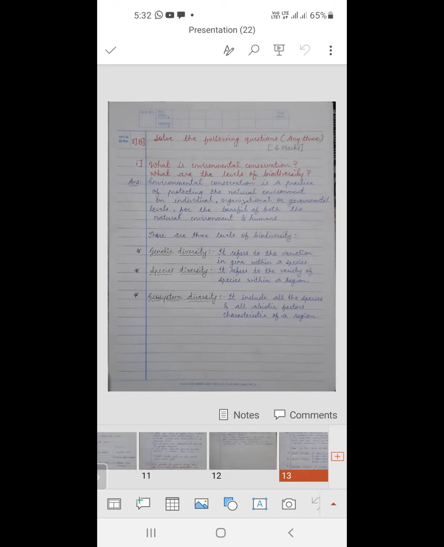First, remember that whenever you get a question paper, first you read the whole question paper and then decide which question you will write first.